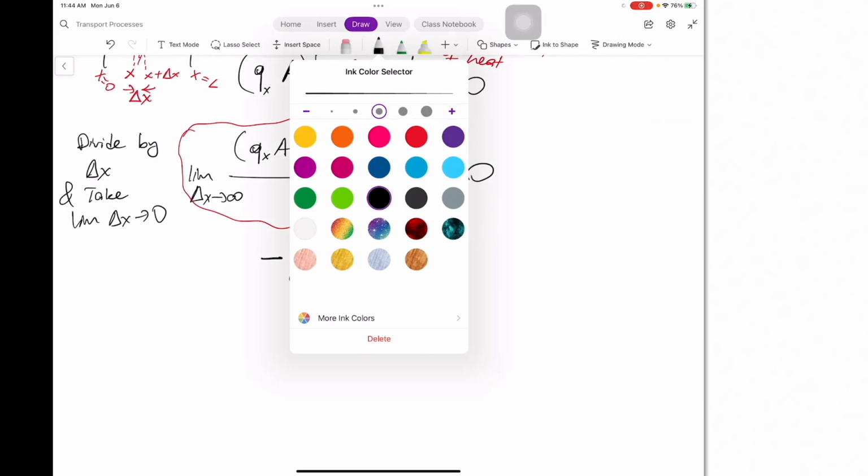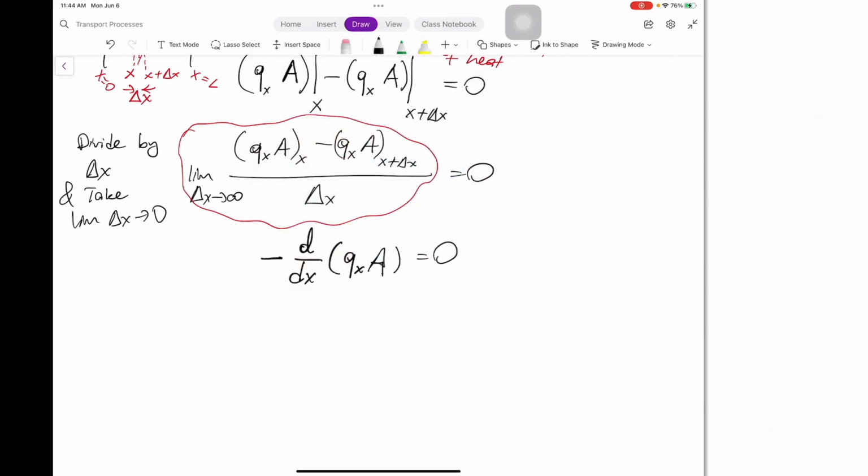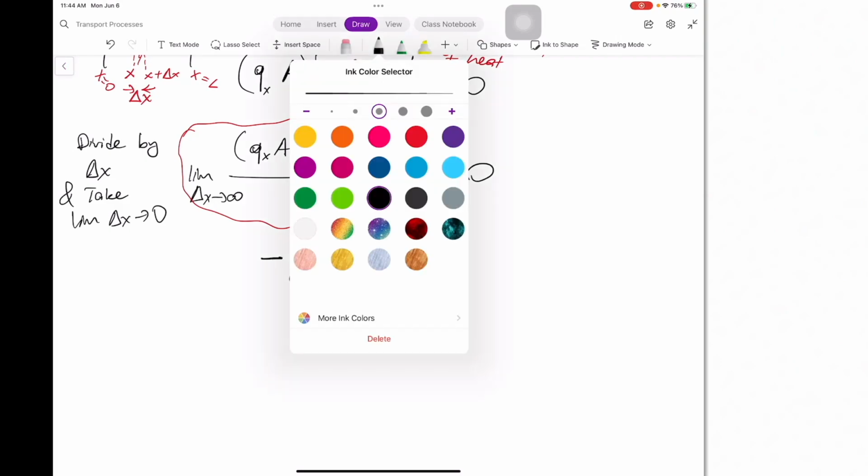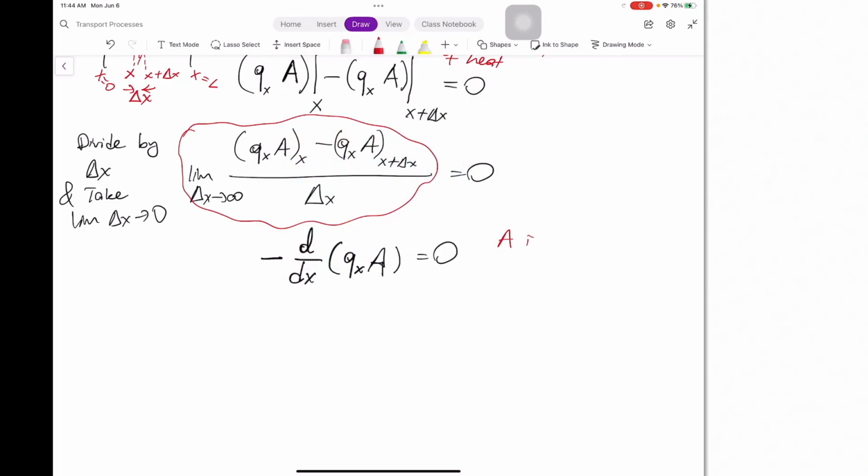Yes, sir. Great. Now, this quantity, the derivative, is 0. So you can also take this area out. Area is also constant, right? This is a slab geometry with A constant. A is the cross-sectional area, which is constant due to the geometry of this problem.